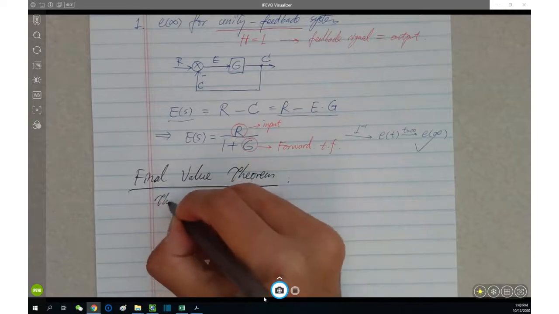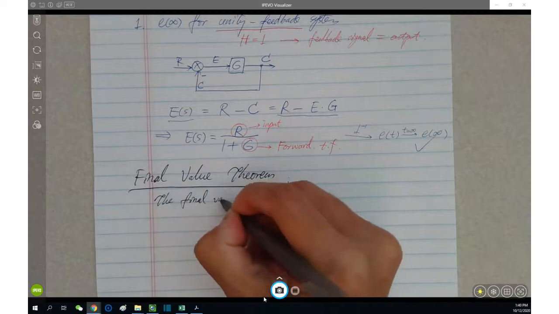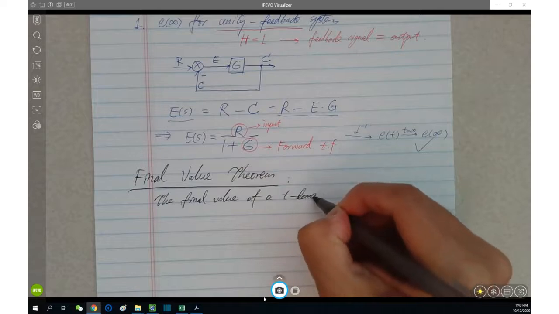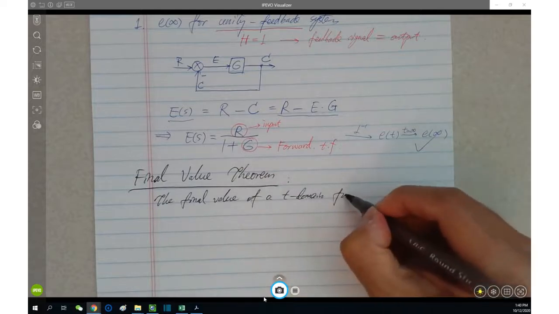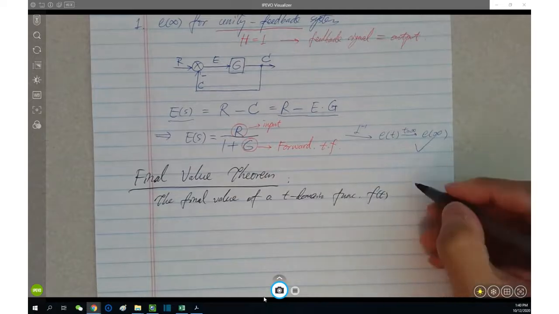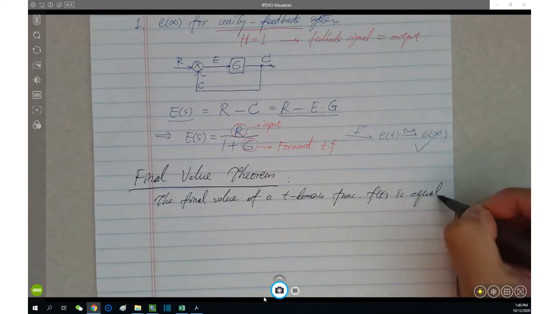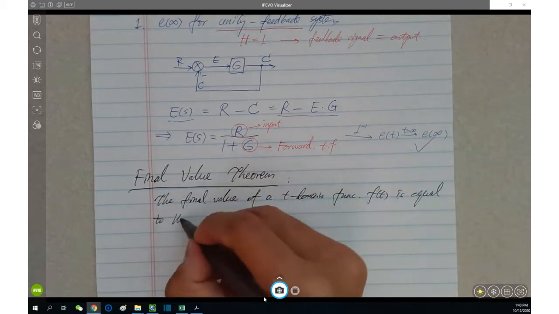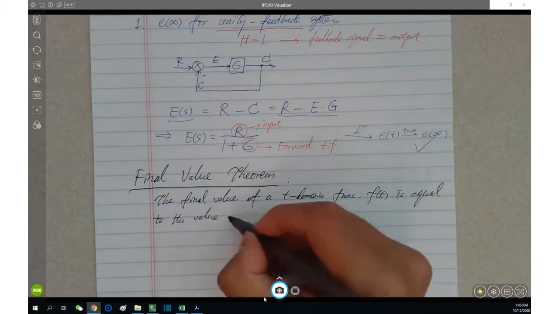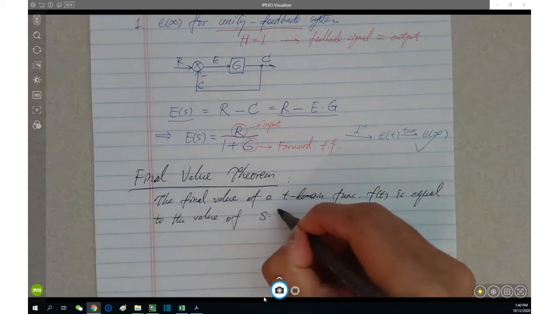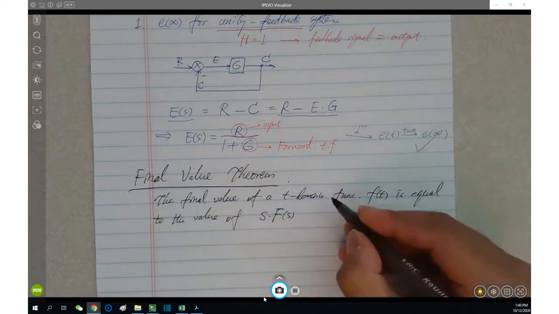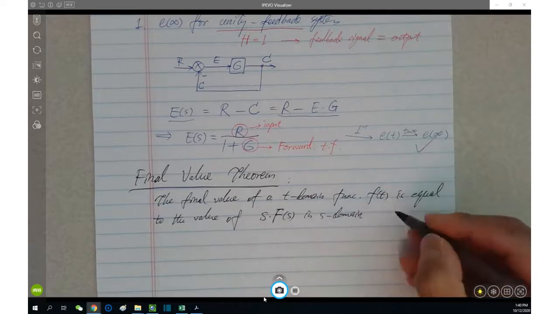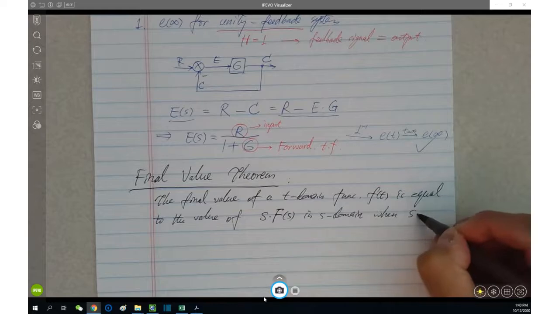Anyways, the definition is like this, okay? The final value of a time domain function f of t is equal to what? As John just mentioned a little bit, it is equal to the value of s times capital F of s in the s domain when s is approaching 0.